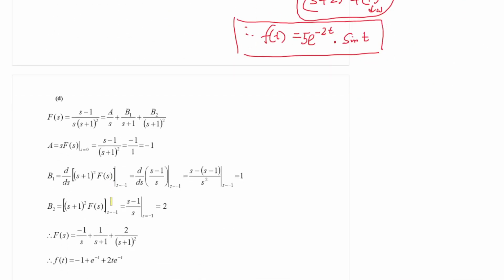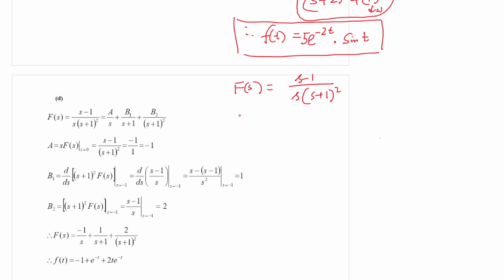So we have the last function in this presentation. We have Fs is equal to s minus 1 divided by s into s plus 1 whole square.